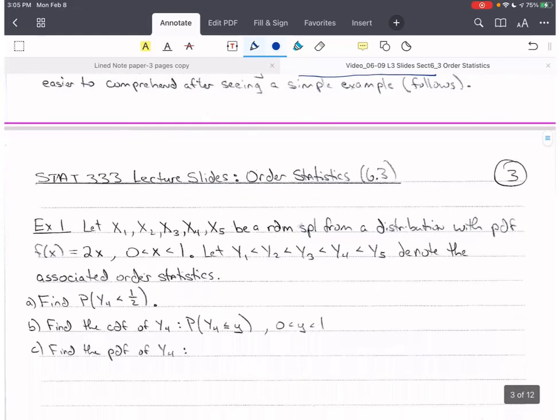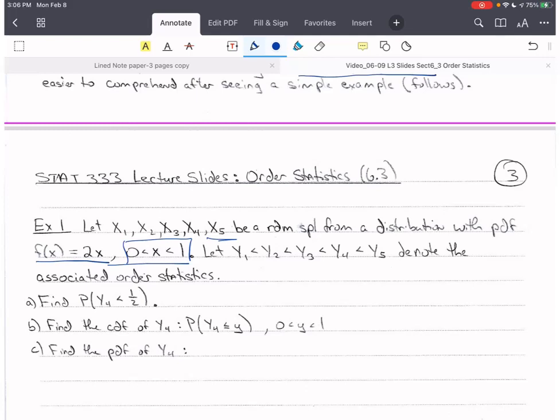So for this example, let x1, x2, up to x5 be a random sample from a distribution whose PDF is f(x) = 2x, x between 0 and 1. Now, when we see x is between 0 and 1, we think of which distributions this could be, and we think, that could be the beta distribution.